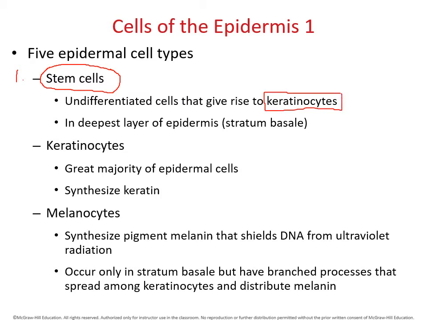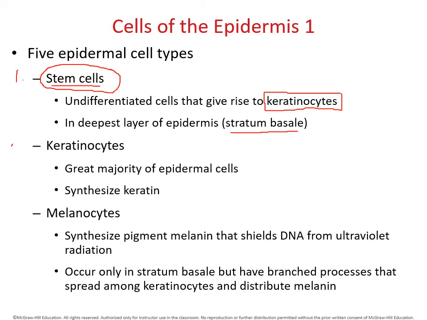So these are going to be the majority of the cells that make up our epidermis layer. And they all originally start off as stem cells. These stem cells can be found in the deepest layer, at the bottom layer of the epidermis, which we're going to be discussing in just a few seconds. But as you can see right here in the PowerPoint, it says they are located in stratum basale, which is the bottom layer of the epidermis.